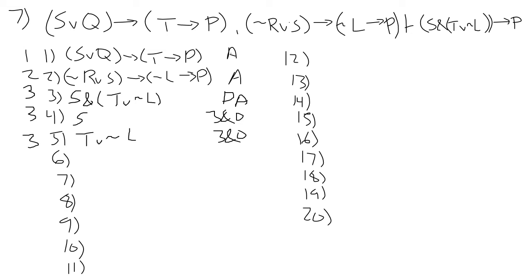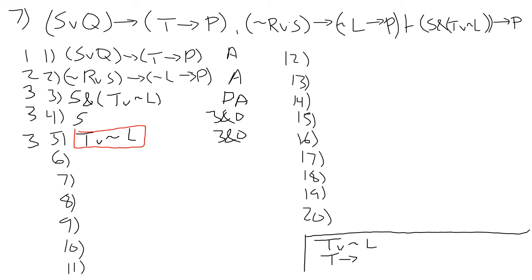On 3, and we might already see that we have a wedge here as our main operator, so we're probably going to be doing wedge out. So that means we should be looking for this.